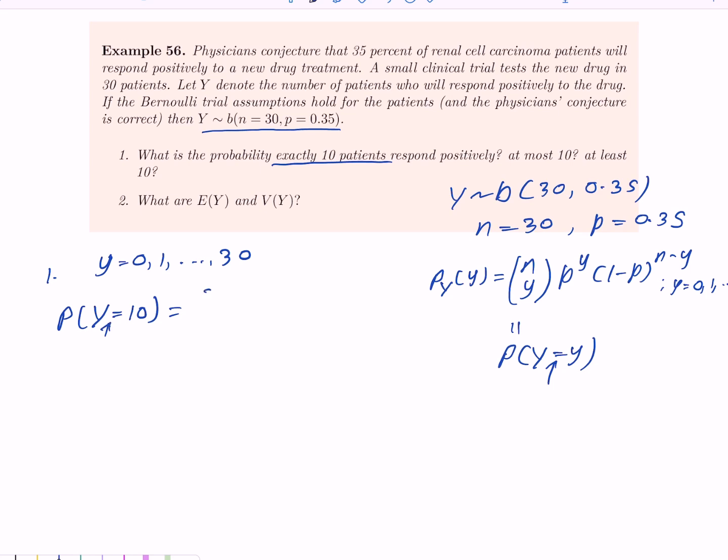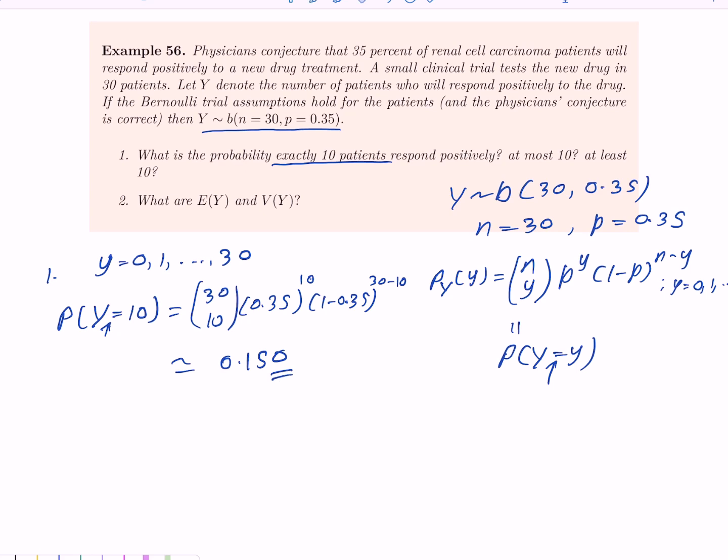N equals 30, y equals 10, so 30 choose 10, and p equals 0.35 to the power y equals 10, and 1 minus 0.35 to the 30 minus 10. Okay, so you can simplify this. This is 0.150.